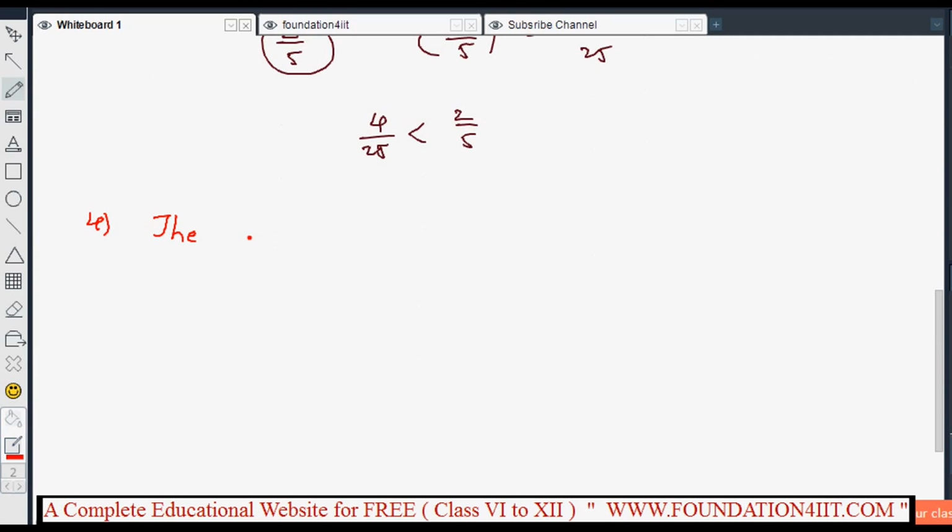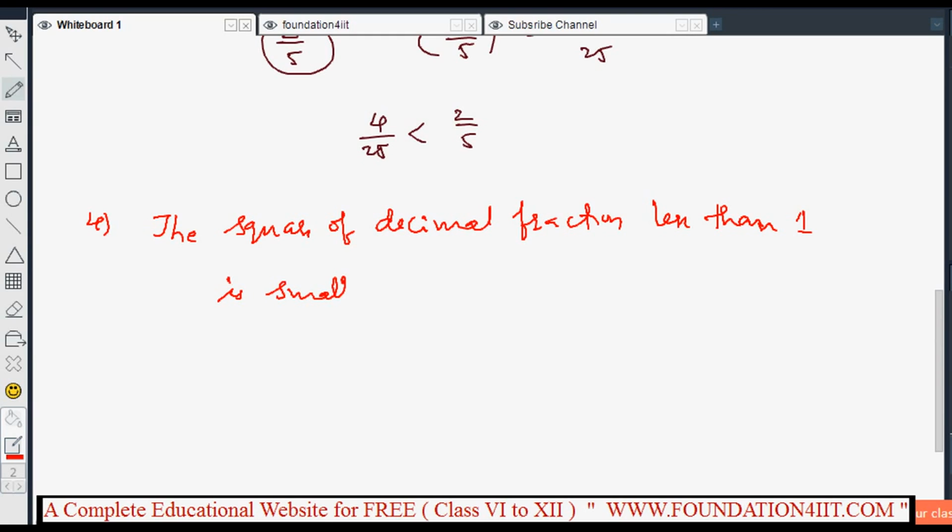So any decimal fraction less than 1 that you take, its square is smaller than the given decimal.